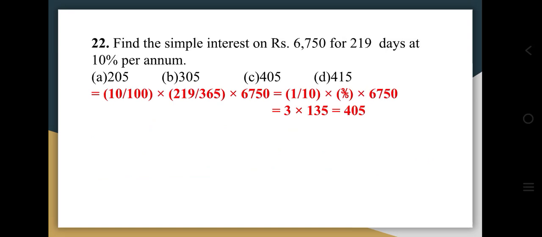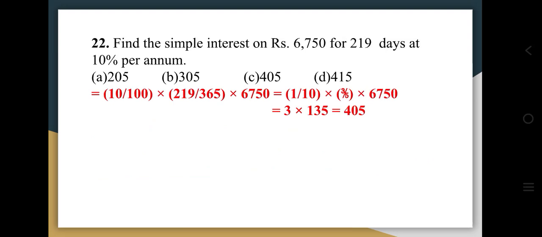Interest rate is 10%. So for 100, the interest is 10. The amount is 6,750. So the interest is 6,750 into 219 divided by 365 into 10 by 100.